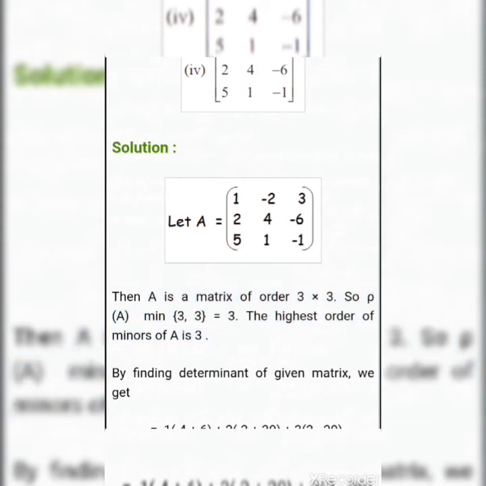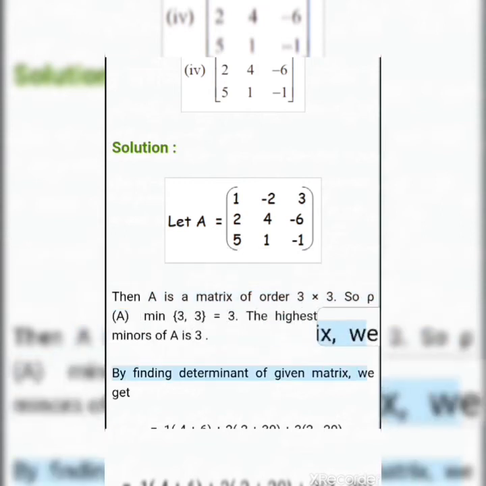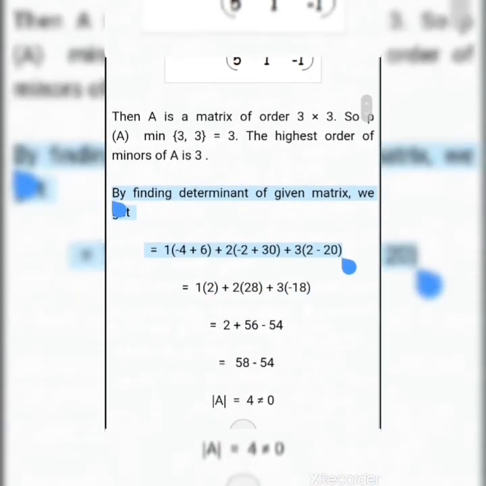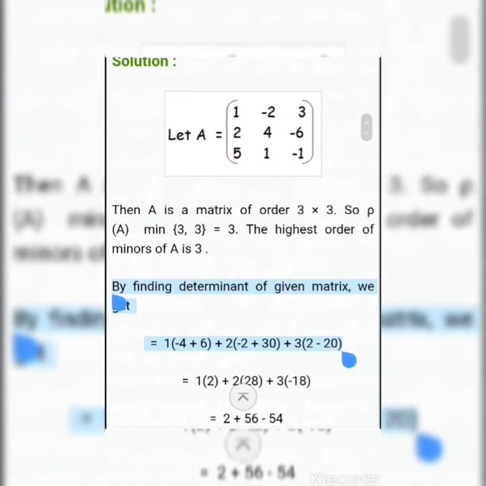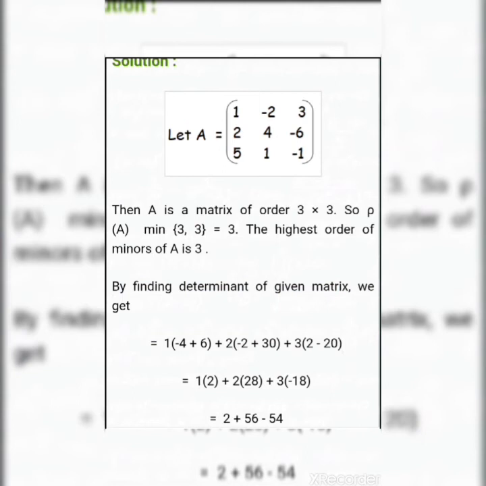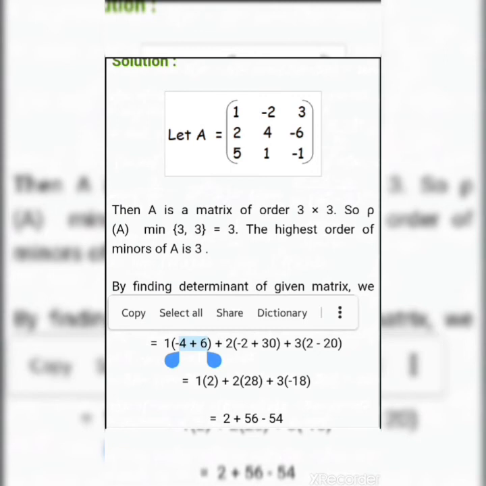By finding the determinant of the given matrix we get, we are going to expand along R1. For the element 1, the corresponding row and column are eliminated. Then 4 into minus 1 minus minus 4. Minus of minus plus 6 minus 2.